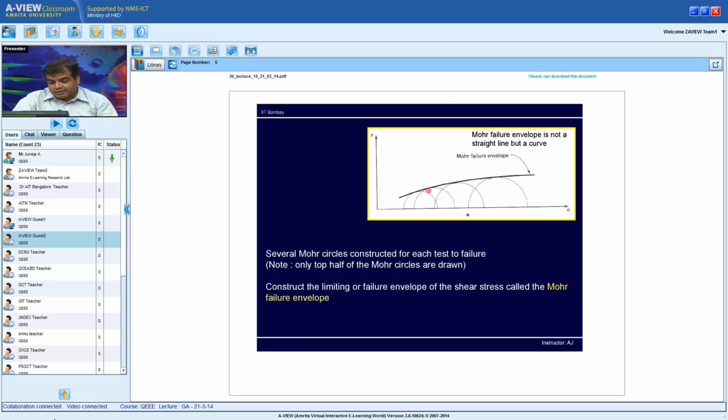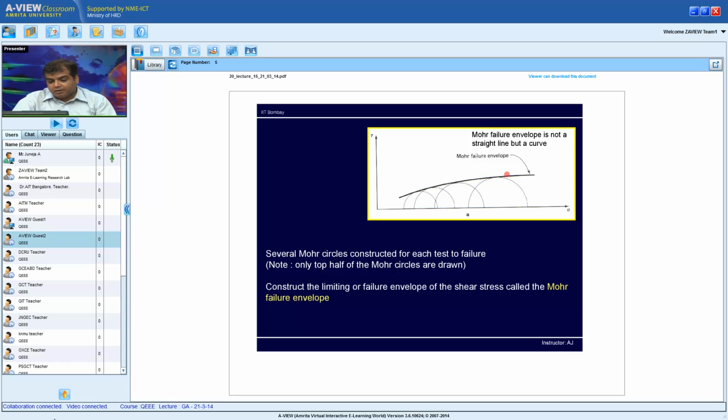The important thing is that the Mohr failure envelope is a curved envelope. It's not a straight line. We will look at the straight line scenario in the next slide. What it means is you can have different combinations of sigma 1 and sigma 3. This is the first Mohr circle, with a combination of sigma 1 and sigma 3 such that on that plane you have reached failure.